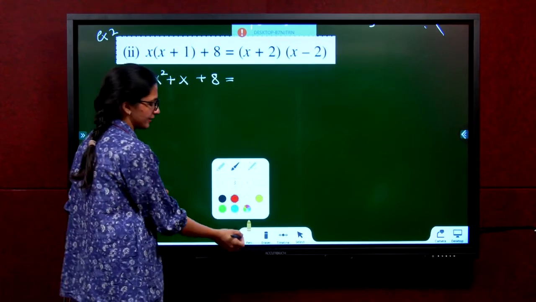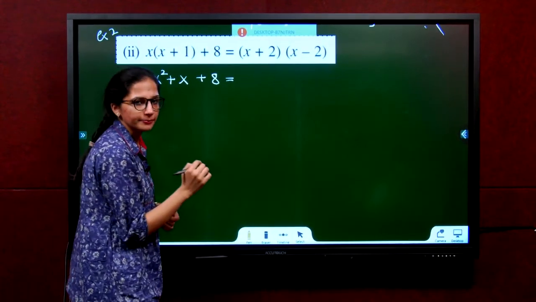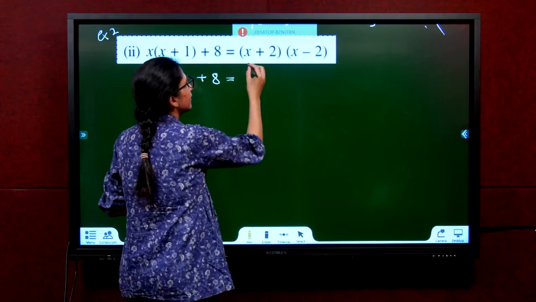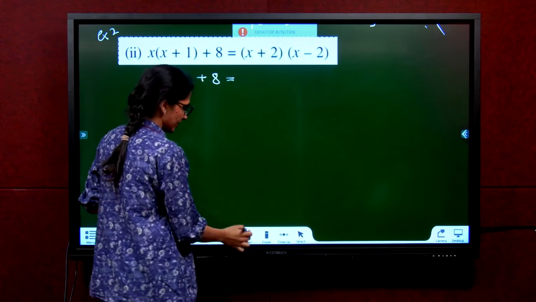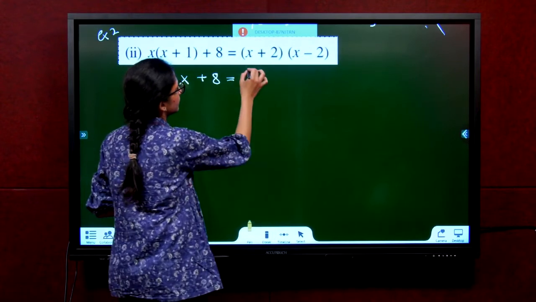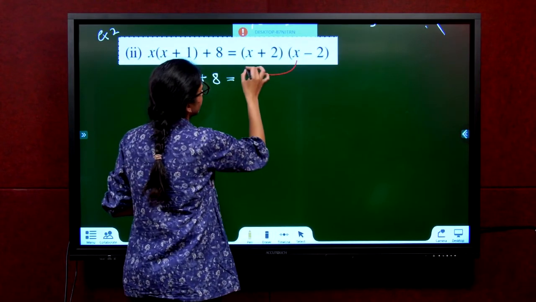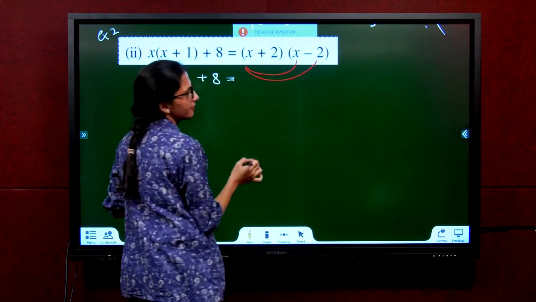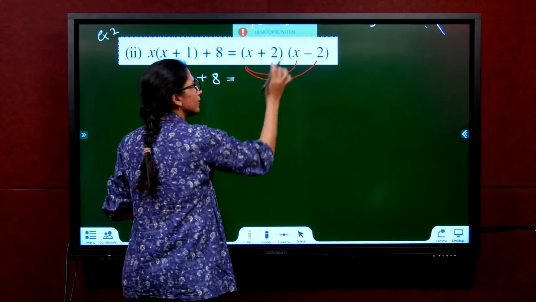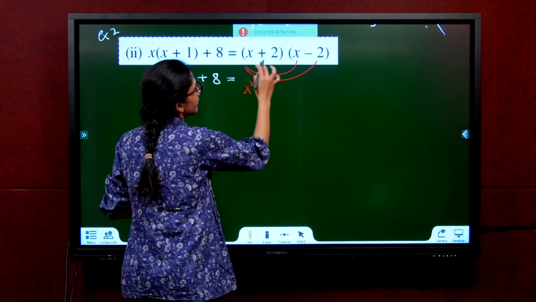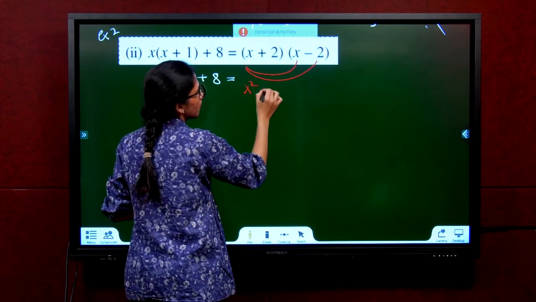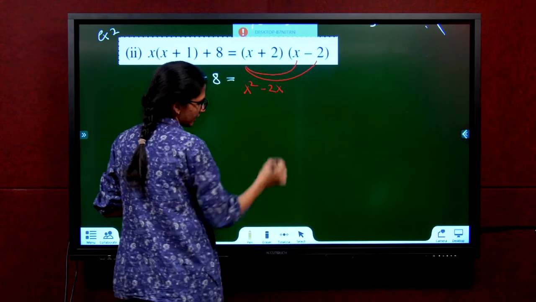Whenever you have brackets like this, take one term at a time. What do I mean by that? First you take the first term. Take the x and multiply it. x into x, x square. x into minus 2, minus 2x.